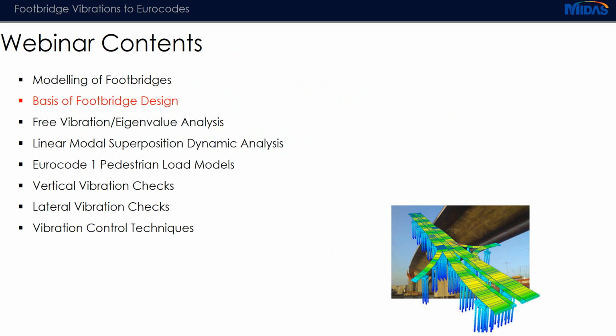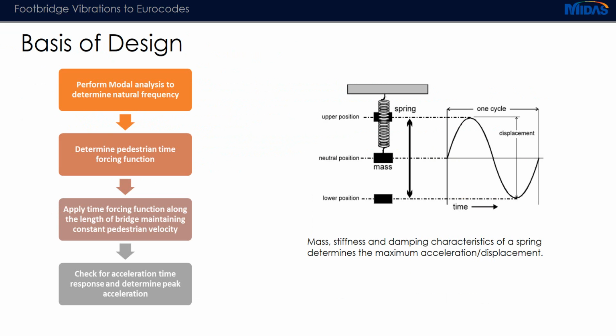Okay, now we'll have a look at the basis of footbridge design. For any type of footbridge design, apart from the normal ULS and SLS checks which are static in nature, we have mostly focused in this presentation on vibration design.